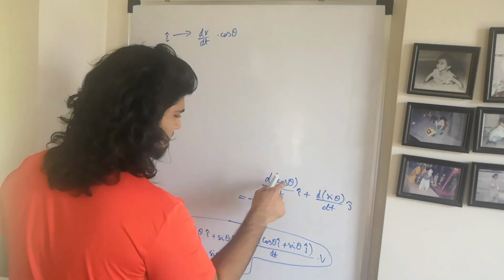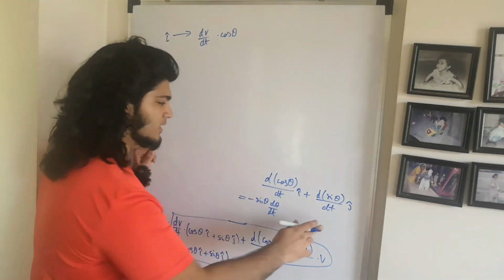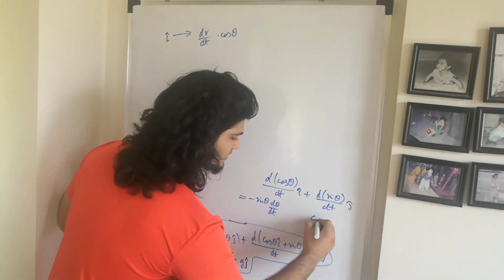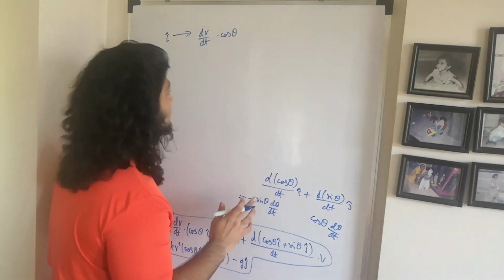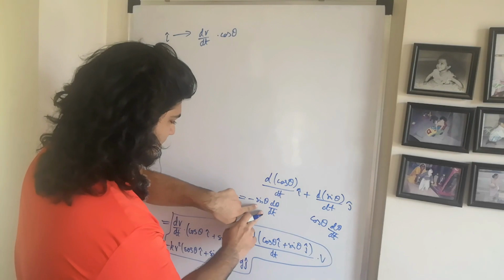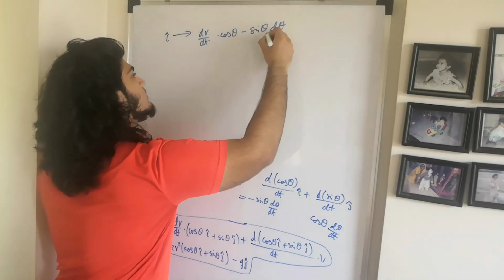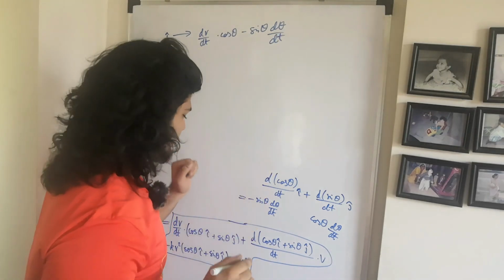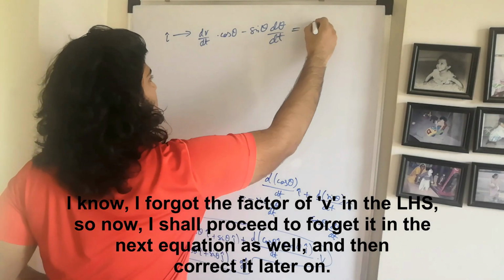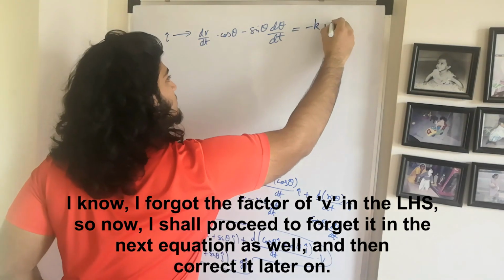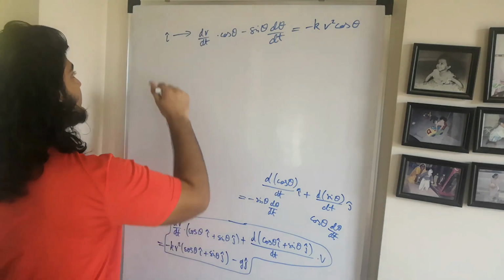First you differentiate cos theta with respect to theta, and then you differentiate theta with respect to time, and you can do a similar thing over here and you'll get cos theta d theta by dt. So now in the x part you will have minus sine theta d theta by dt, and that is equal to the i hat part over here. So you'll have minus k v square cos theta.